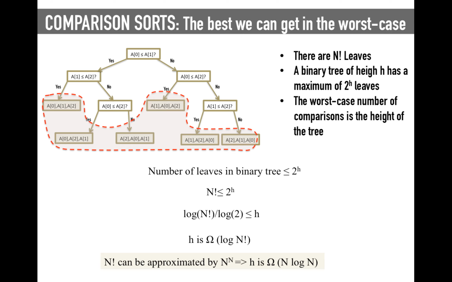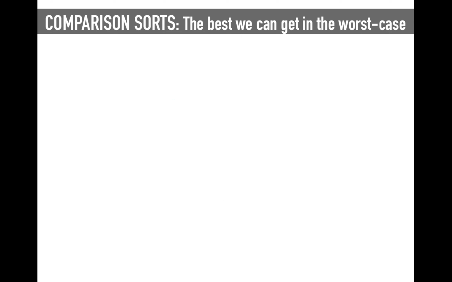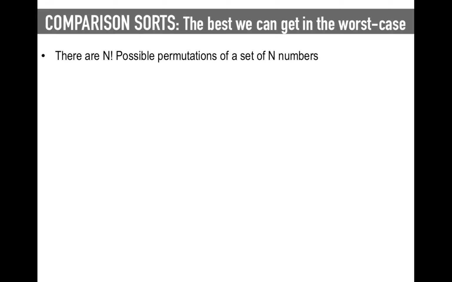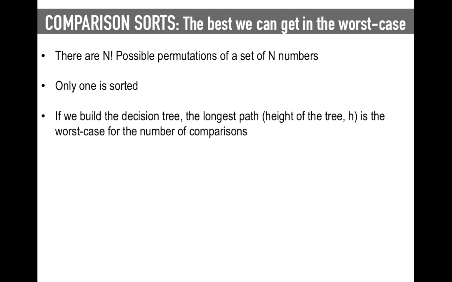So in summary, why can we never get a performance better than n log n when we are using a comparison sort? Well, there are n factorial possible permutations of a set of n numbers. Only one is sorted. If we build a decision tree of a comparison sort, the longest path, which is the height of the tree h, is the worst case for the number of comparisons.